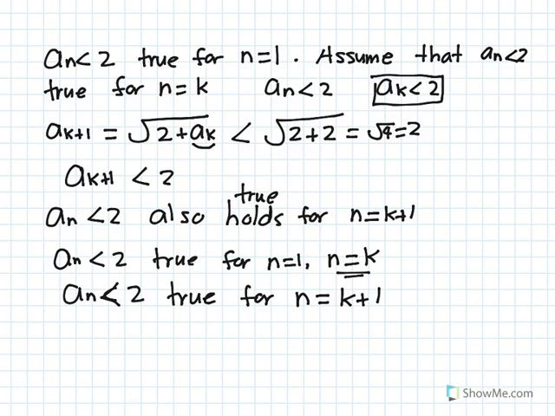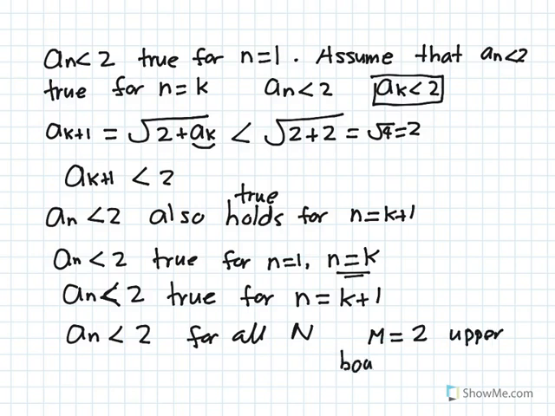So by induction, a_n is less than 2 for all n. That means it has an upper bound. The upper bound is M equals 2. So M equals 2 is an upper bound for the sequence a_n, and we proved that by induction.